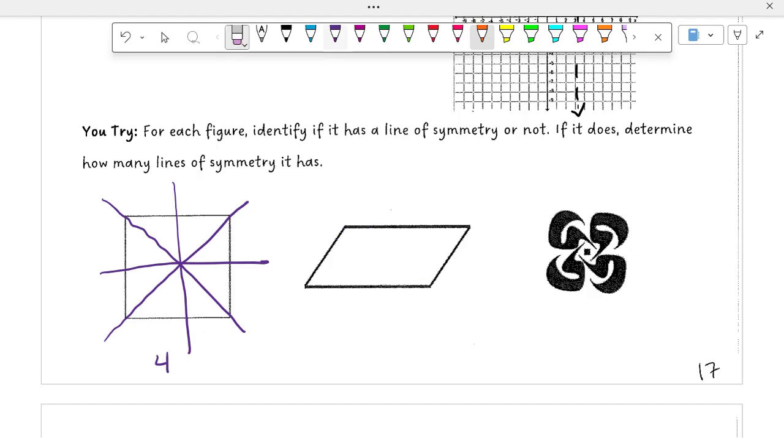If I drew it here, same thing. This angle's smaller than this angle, so it wouldn't match up perfectly. If I drew it in half, same thing. This angle's bigger than this angle, so it doesn't work. And same thing going this way. So that one does not have a line of symmetry. What about this last shape?